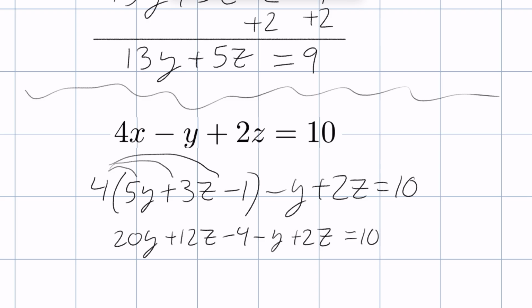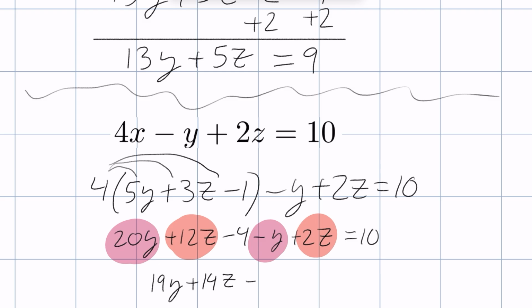So here we do have our usual like terms. We've got some z-like terms and some y-like terms. 20y minus y is 19y. 12z plus 2z is 14z. Minus 4 equals 10.